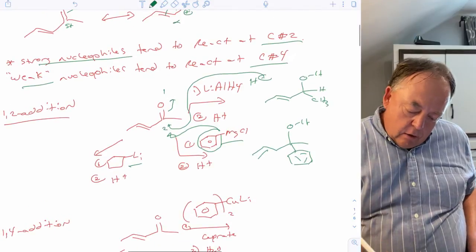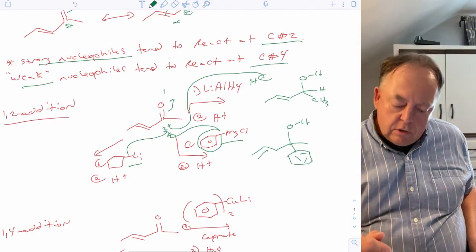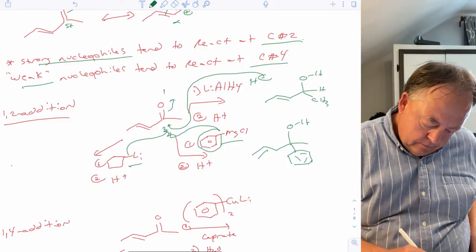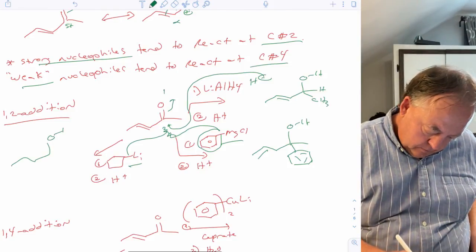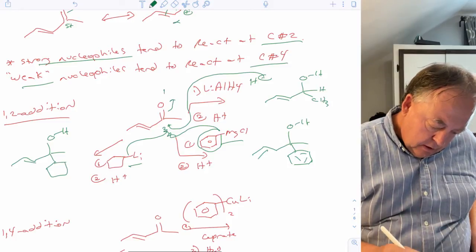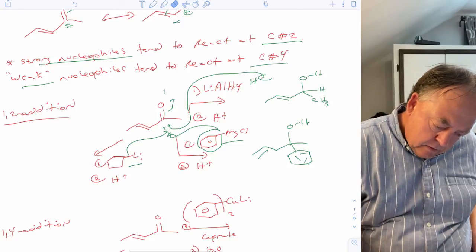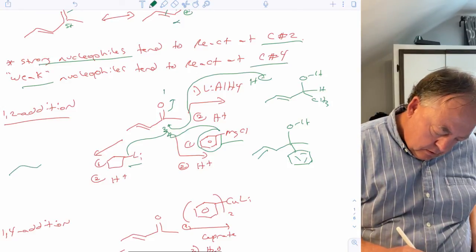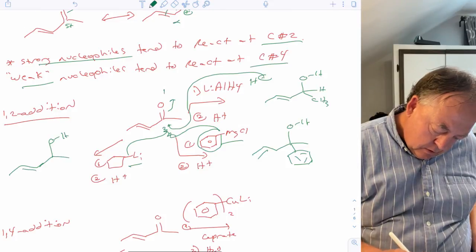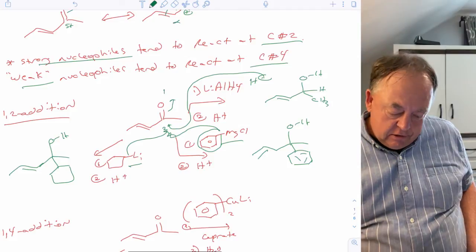Or if you had an organolithium reagent, they're also very strong nucleophiles, so that would also attack at carbon number 2. Nothing happens to the C=C. It's the C=O that reacts in these cases.